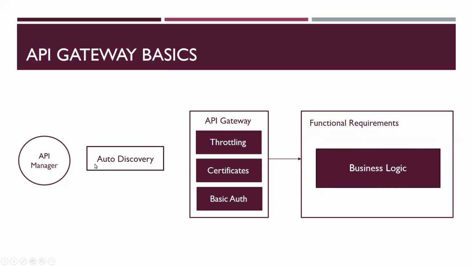That is linked via auto discovery. API Manager uses the auto discovery mechanism to connect with this business logic. Let's suppose you want to apply some policy. We go to API Manager and configure that policy, and then we need to map that policy with our API. With the help of auto discovery, we are doing that.